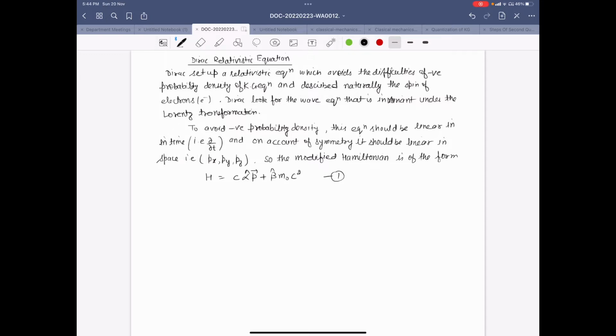This is equation number 1. Where P is momentum operator. C is velocity of light.